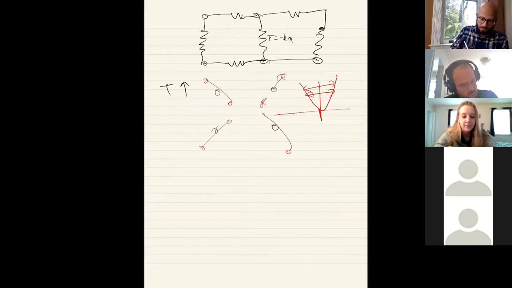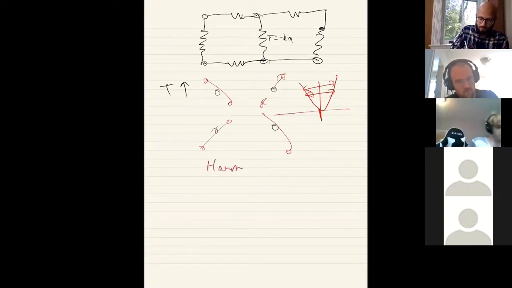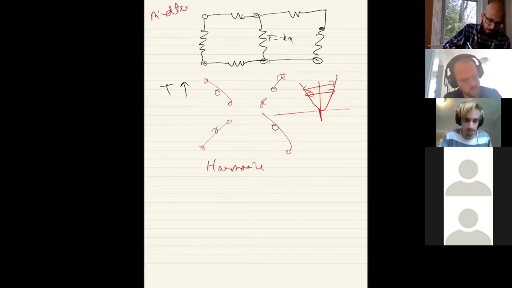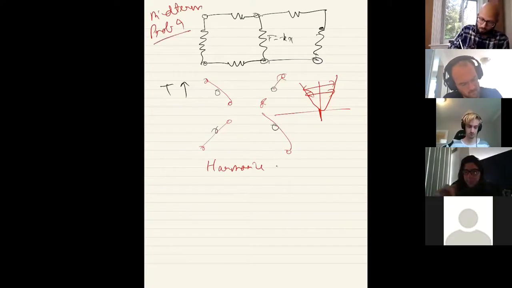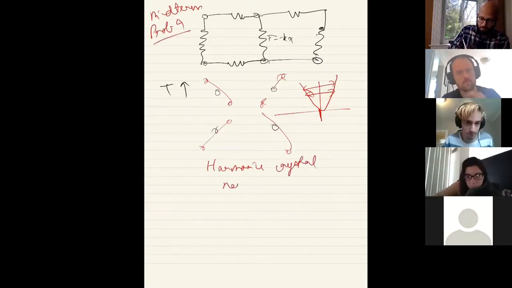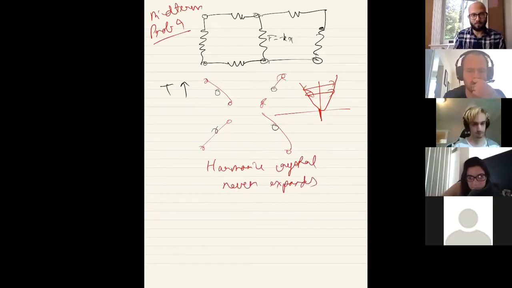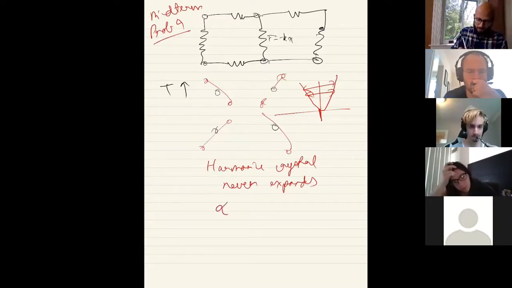What it really means is that a harmonic crystal, so we are talking about midterm problem number 4, never expands. It fluctuates more and more, but if you think about the coefficient of thermal expansion, alpha, that will be 0. And this is a very interesting point.